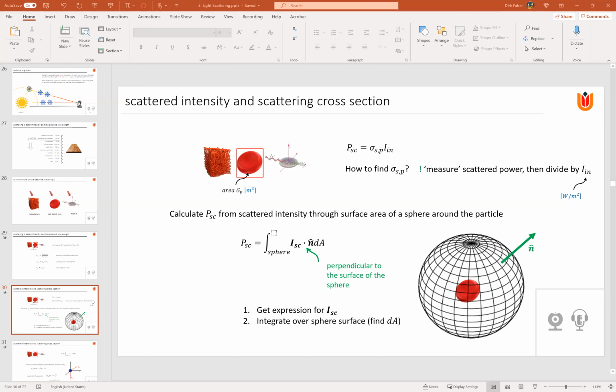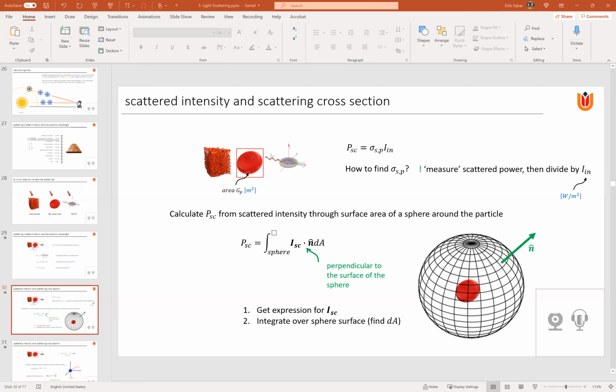So what we'll do is place that particle in a hypothetical sphere with a given radius that we know, or a given surface area that we know, and we will calculate the scattered intensity just by a generalization of that equation over there. So not simply a product of the scattering cross section and the intensity.